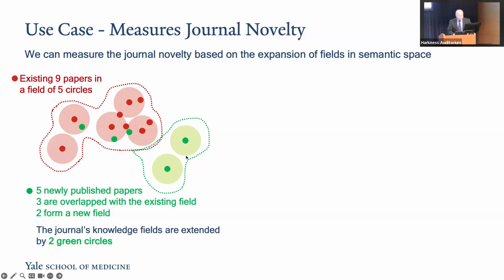We can use 2 green circles to represent this expansion and growth. Then we can measure that this journal's knowledge field was extended by 2 this year. This method is quite simple: just calculate the coverage of the points in this semantic space. But when we use this method to analyze real journals, we found something interesting.